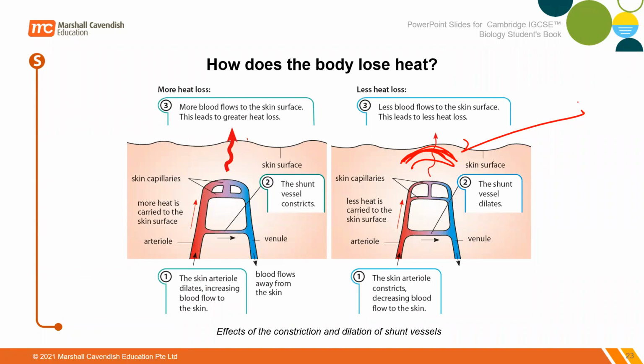To lose this heat and expose more heat to the skin surface, the skin arterioles will be dilated. Dilated means the surface will have a lot of blood. Then to complete the point, I have to say increasing the blood flow to the skin. It's not a lot to memorize at all, I'm just completing the sentence so I can get the mark.